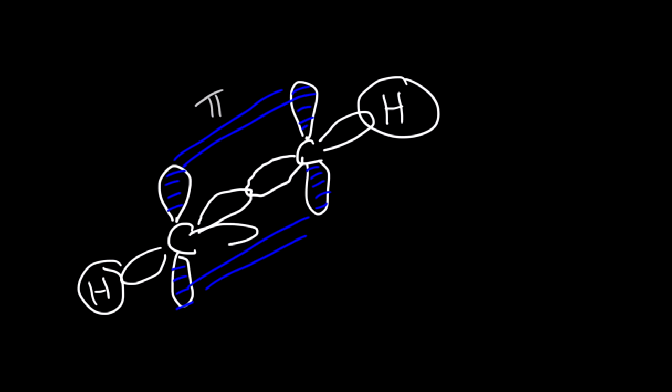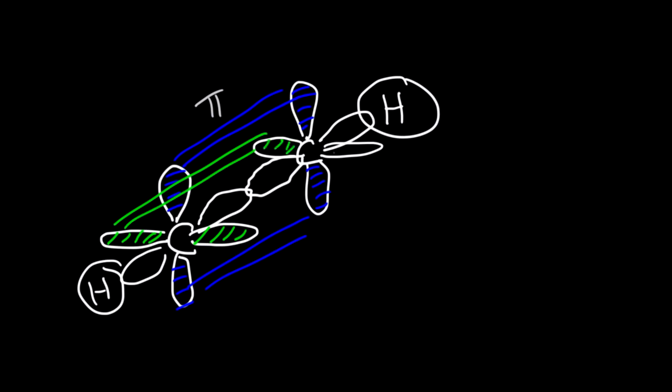Now here's the other p orbital, and I'm going to highlight it in green. And then in red, we have the sp hybrid orbitals.